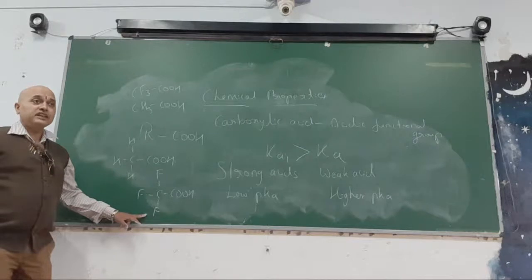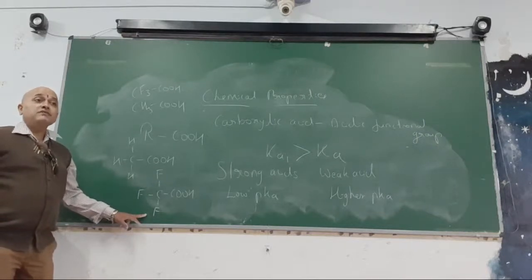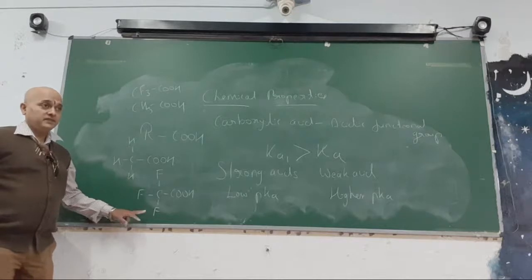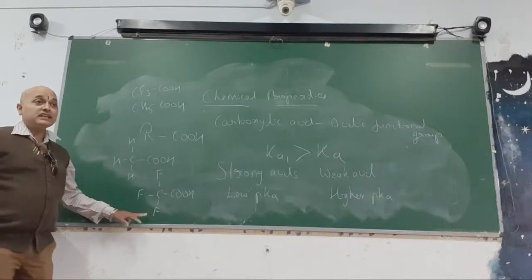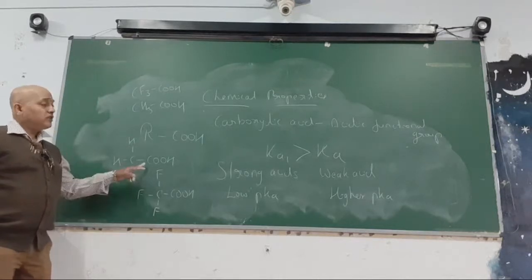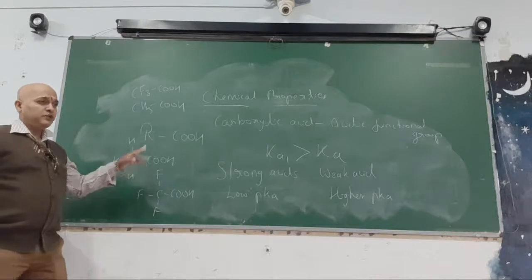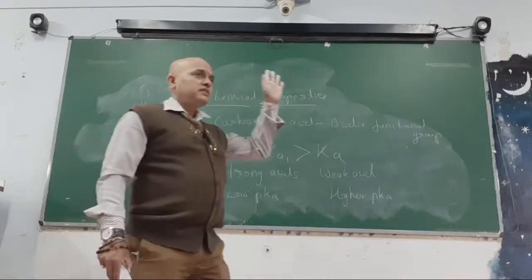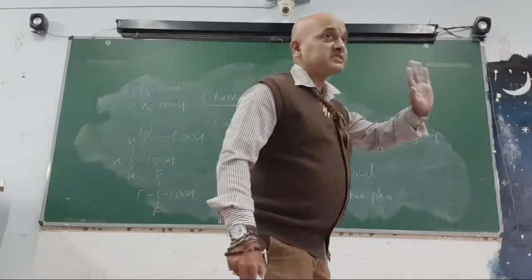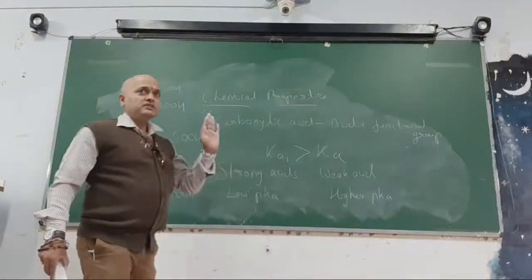Trifluoroacetic acid is a very strong acid, having a pK value somewhere less than 1. Not negative, but somewhere less than 1. But acetic acid is a weak acid. Its exact pK value I don't remember, it will be a bit near 6, somewhere around 6 to 7.